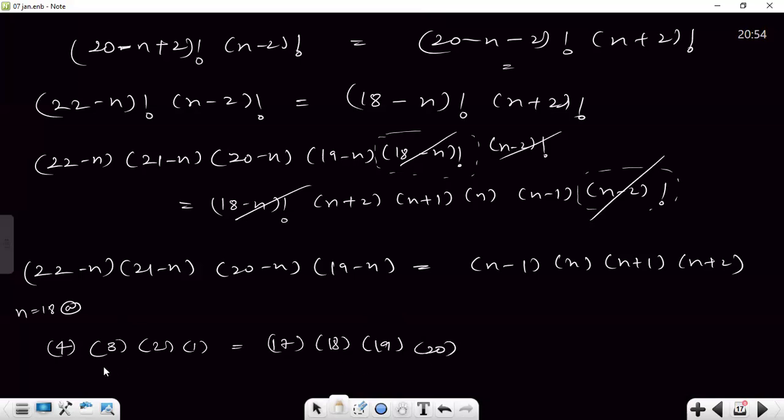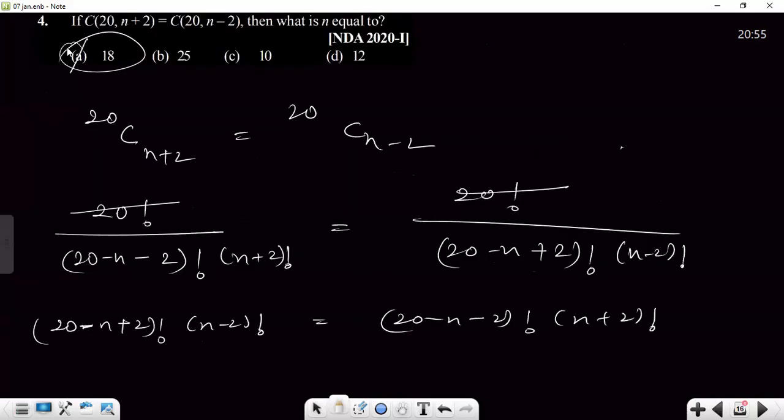Oh, that's not happening. We can clearly see here that 1 is definitely not equal to 17 into 3 into 19. So option A is the incorrect answer and it is eliminated. Let's take option B.